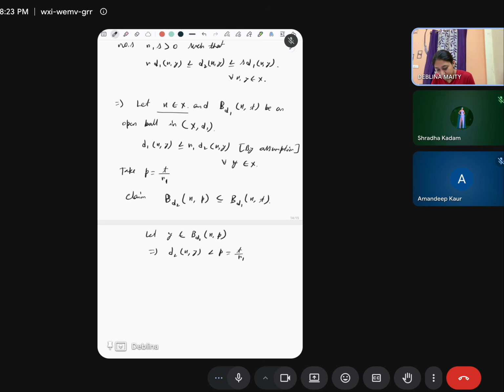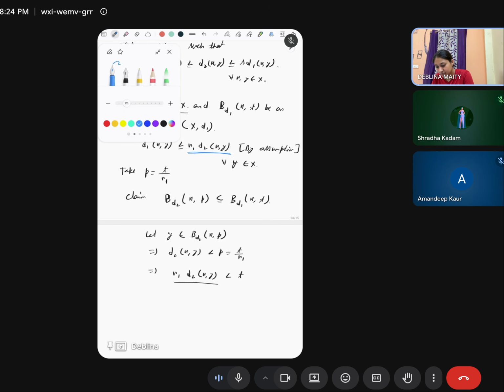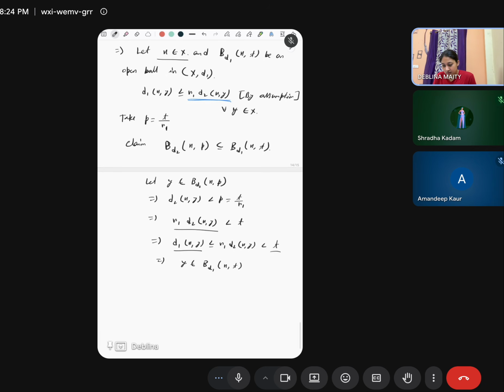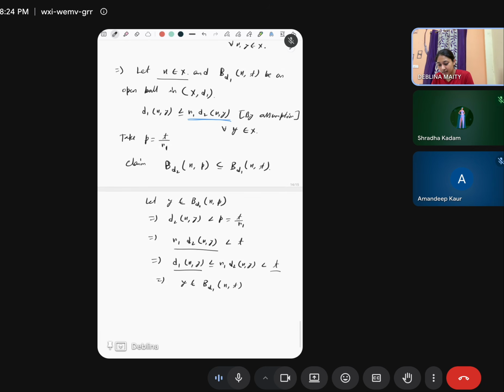So r1 d2(x,y) is less than t, and r1 d2(x,y) is greater than or equal to d1(x,y). So this implies d1(x,y) is less than or equal to r1 d2(x,y), which is less than t. So d1(x,y) less than t means y belongs to B_D1(x, t), right? So our claim is true.